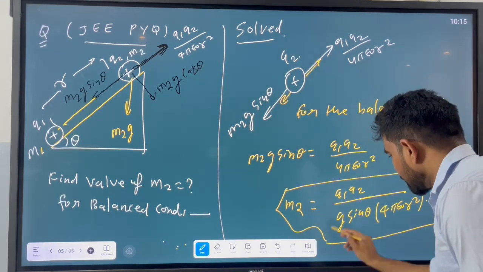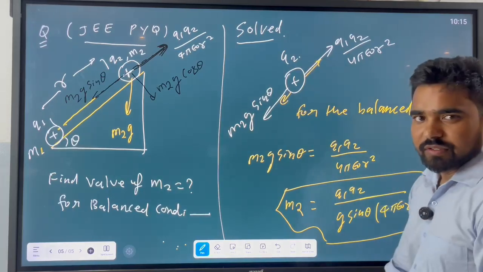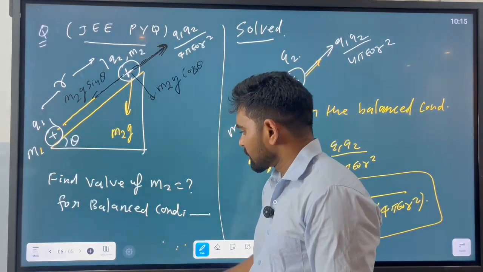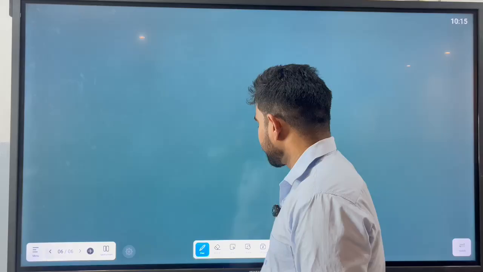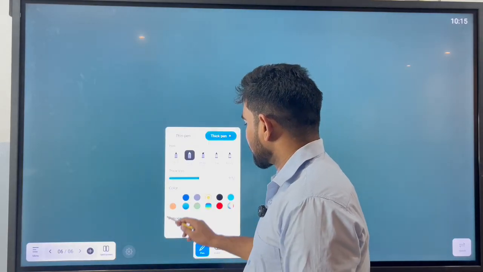This result is most important for your exams. Let us start the next numerical problem related to the JEE exam and the next concept.